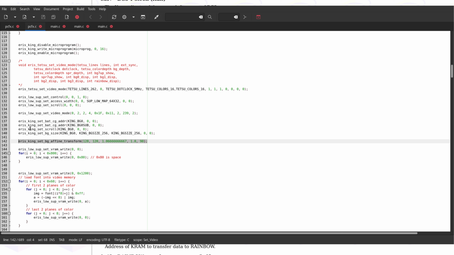You have to draw from y0 down to y equals 239, which is not cache efficient. But thankfully with the King chip, you can just rotate it and it's going to look properly mostly.